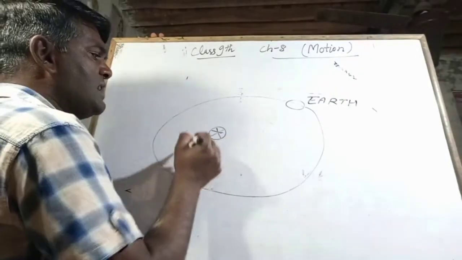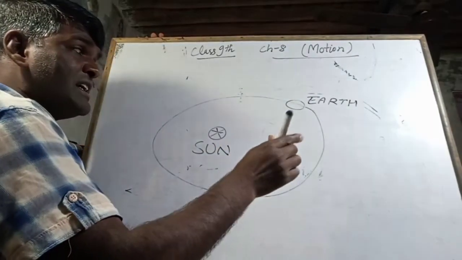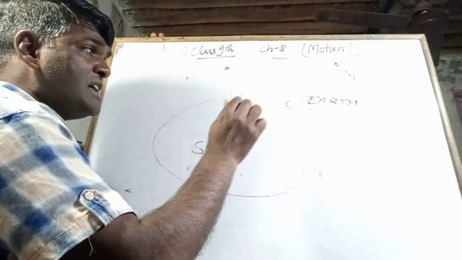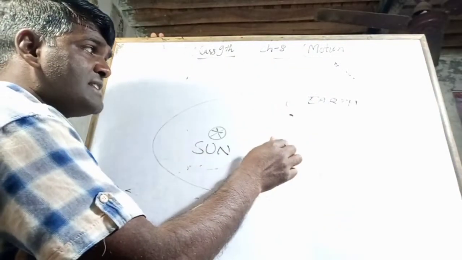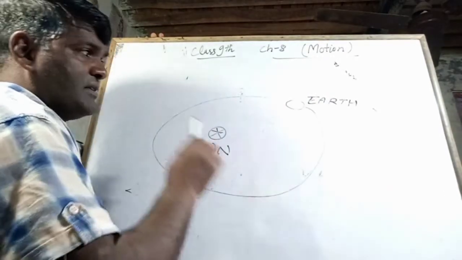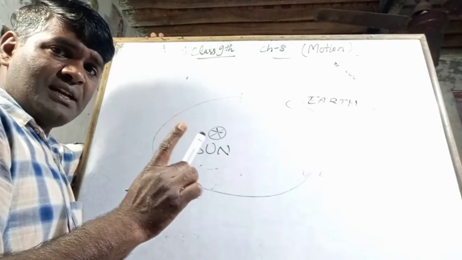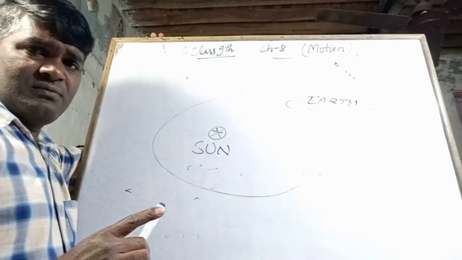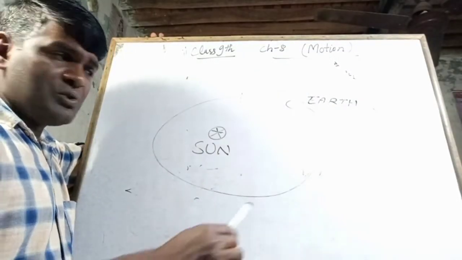Okay, this is the sun. So what is happening? The Earth is rotating about its own axis, and also revolving about the sun. So planetary motion is a combination of motions, rotation as well as elliptical, or you can say circular motion.